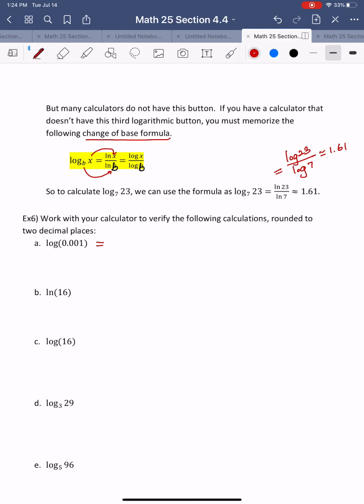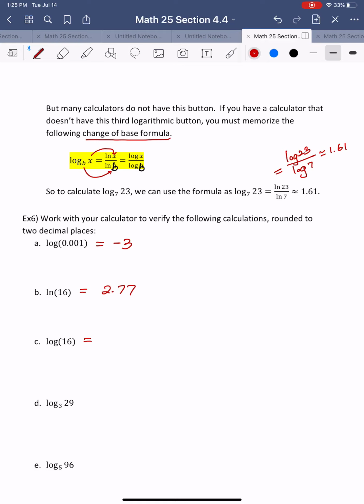Type log of 0.001 and then equals, which gives -3. Same thing here with ln 16, rounded to two decimal places, so I say 2.77.